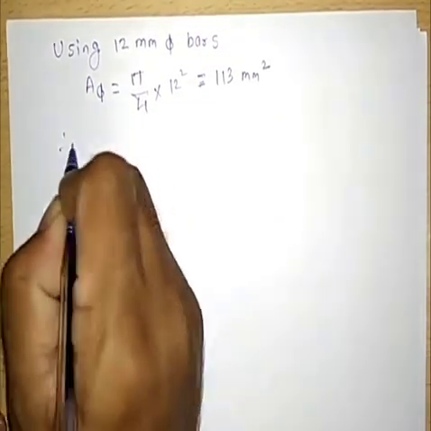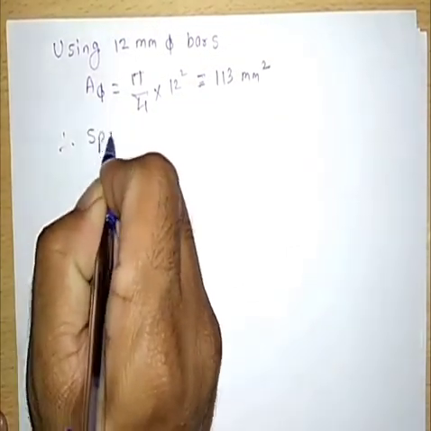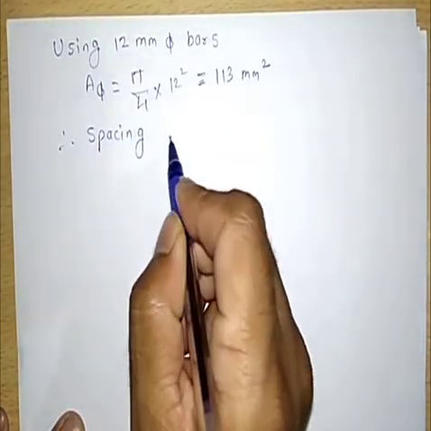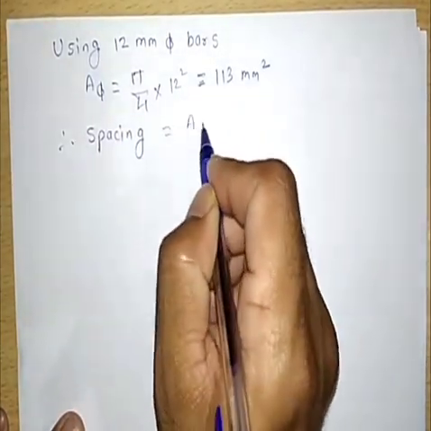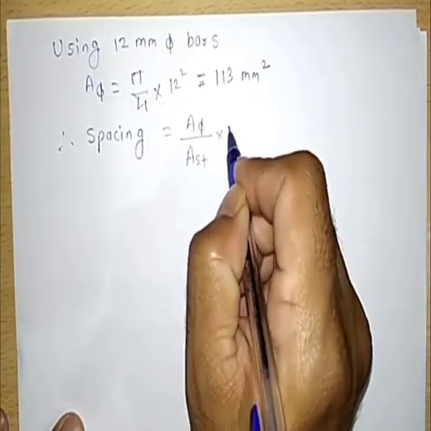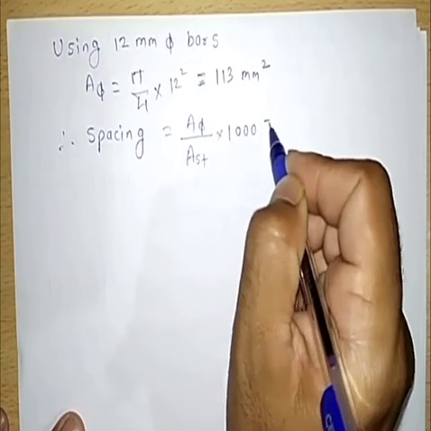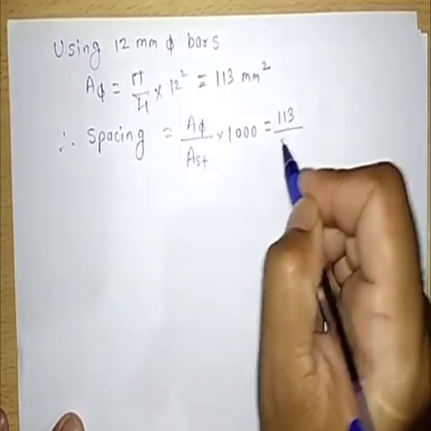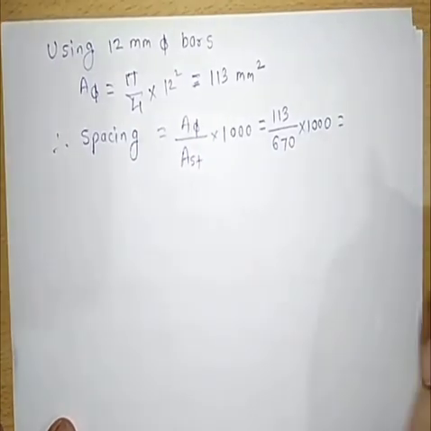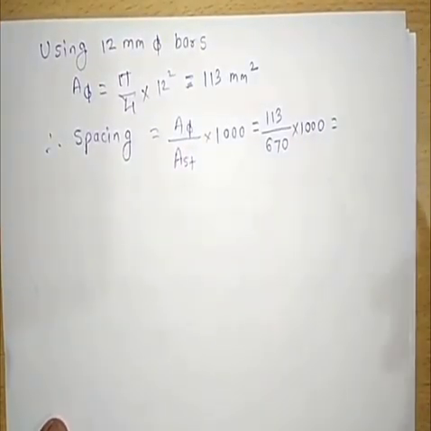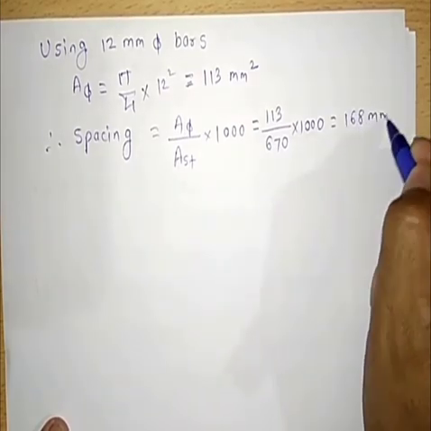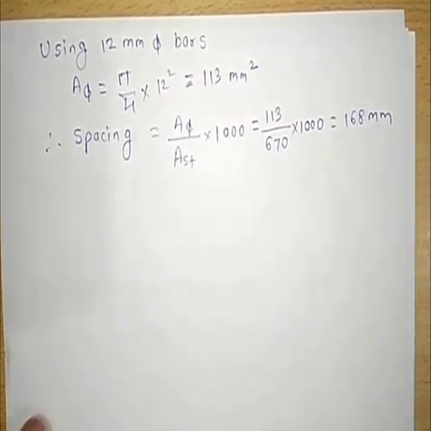And therefore you can now calculate spacing. So spacing equals area of one bar divided by total area multiplied by 1000. So 113 divided by the total area 670, multiplied by 1000. You will get a spacing of around 160 mm, so you can make it 150 mm as well.